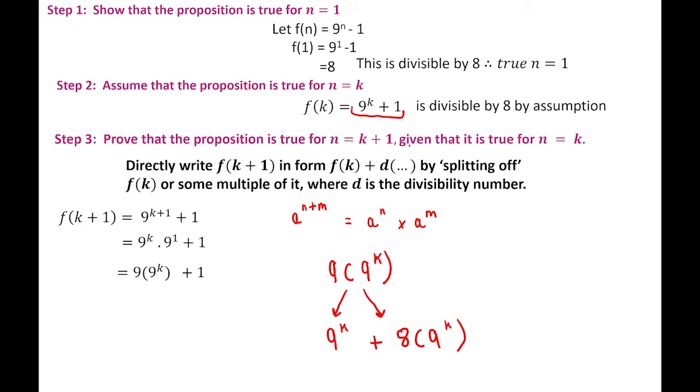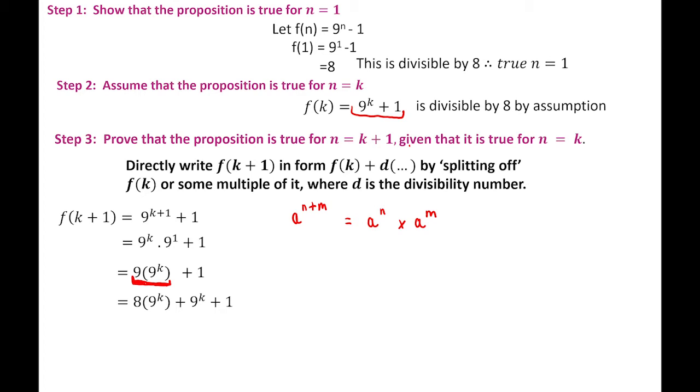So 1 lot of 9 to the power of k plus 8 lots of 9 to the power of k gives us 9 lots of 9 to the power of k. So we can split this. This gives us 8 lots of 9 to the power of k plus 9 to the power of k, minus our 1.